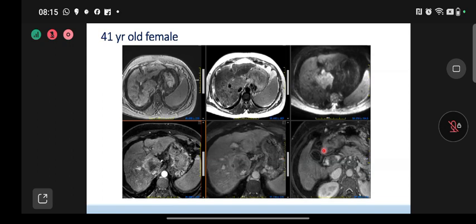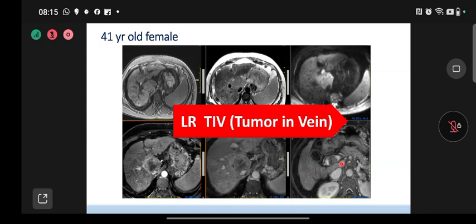So we have the next case. You can see there is an ill-defined lesion in T1, T2, ill-defined diffusion restriction, and heterogeneous enhancement with some amount of portal vein thrombus here. Whenever you are dealing with this, you are going to report this as a malignant lesion with tumor in vein category.